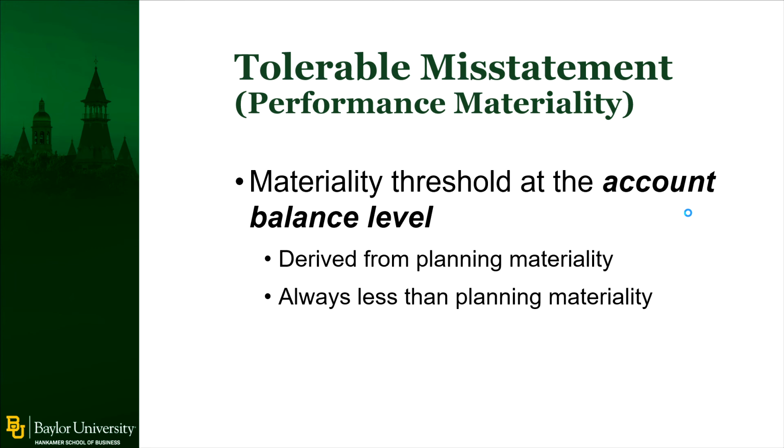So why is it that I allow tolerable misstatement in sum, when I add up all of the tolerable misstatements for my various accounts, to be greater than my overall materiality?